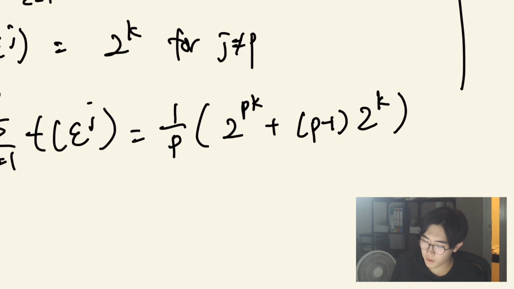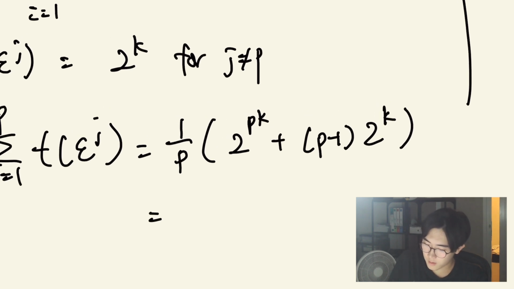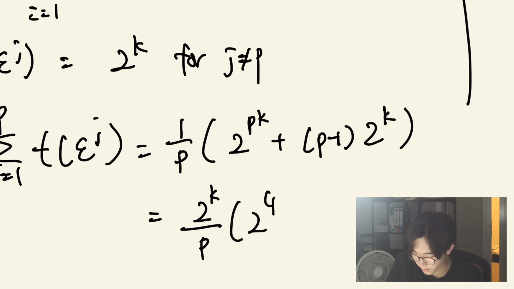And we can actually factorize out the 2 to the power of k to get 2 to the power of ((p minus 1)k) plus p minus 1.